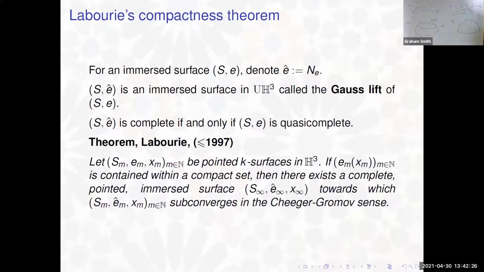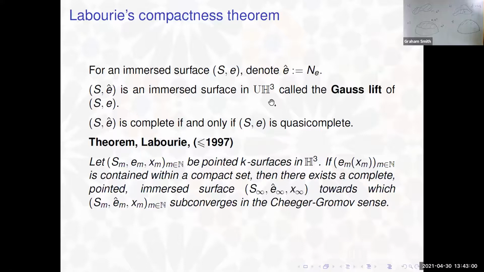So now we get Francois' compactness result. He says the following. Suppose then I have a sequence of pointed K surfaces. So what that means is I have K surfaces with a preferred point. Now, if the images of these preferred points don't fly away to infinity, which is a very normal condition to require in any sort of Arzela-Ascoli type theorem, then there exists a complete pointed immersed surface, S infinity, E hat infinity, living inside the unit bundle.